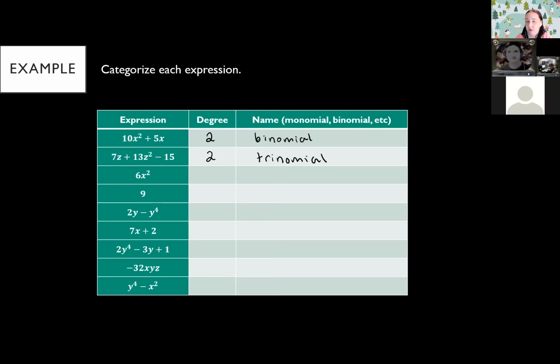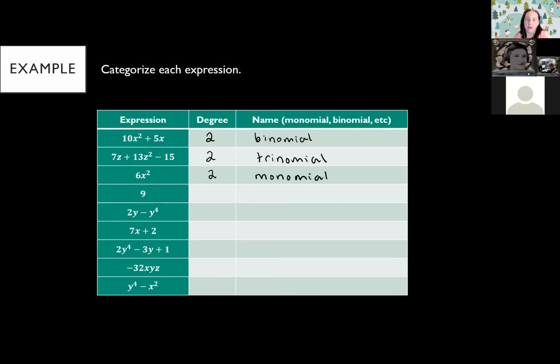The third one we have is 6x squared. This one also is degree 2, but this is 1 term, so this one is a monomial. So just from the first 3 here, they all have an exponent of 2 as the highest exponent, but they're different: binomial, trinomial, monomial.